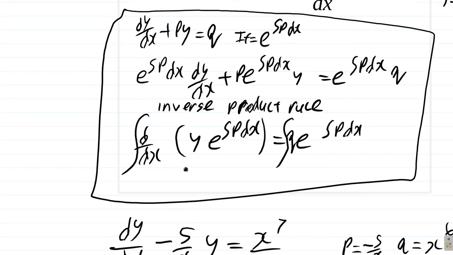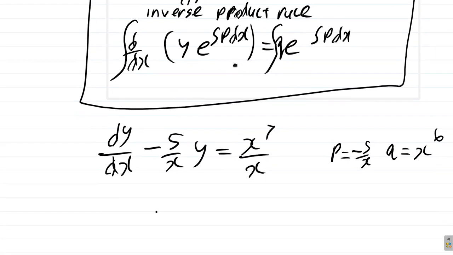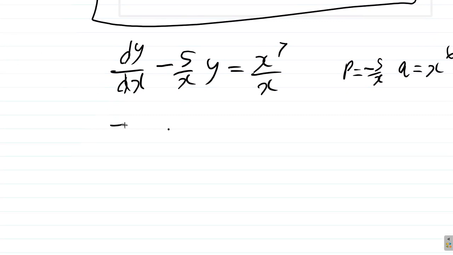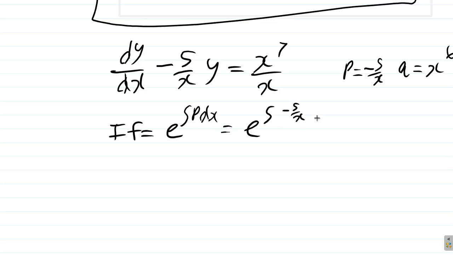Next thing we do, find out what the integrating factor is. The integrating factor is e to the integral of p with respect to x, which is e to the integral of negative 5 over x dx.